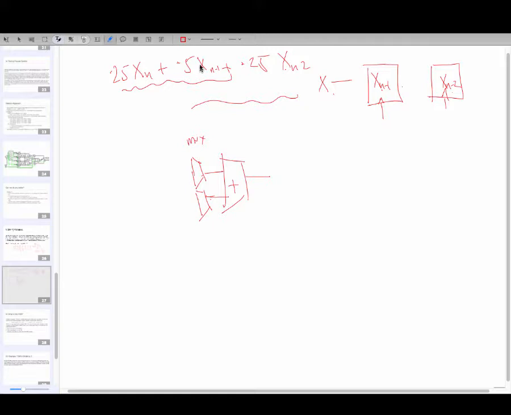Now, one possibility is I can store it into a separate register, but I can do better. Could I overwrite one of these existing registers? If I were to add, let's say, xn and xn minus 1, then xn is sitting right at the input, so there's no register for it. But xn minus 1 I still need for the next clock cycle, while xn minus 2 I don't need.